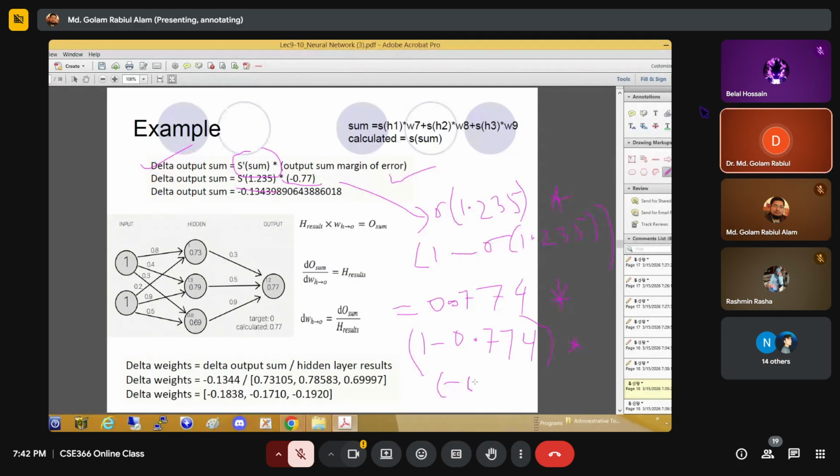If we do the math, we will get negative 0.1343. So this is our delta output sum. Delta output sum is negative 0.1343.